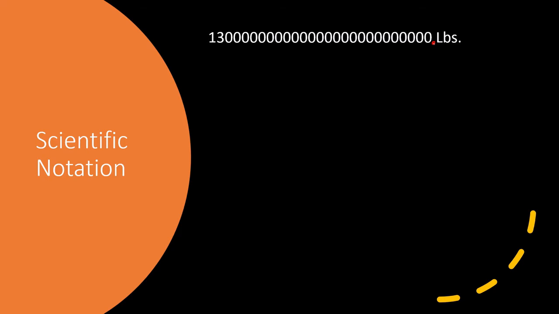And what I'm going to do is move this decimal period however many spaces I have to, all the way to the left, until I put the decimal point after the first digit.